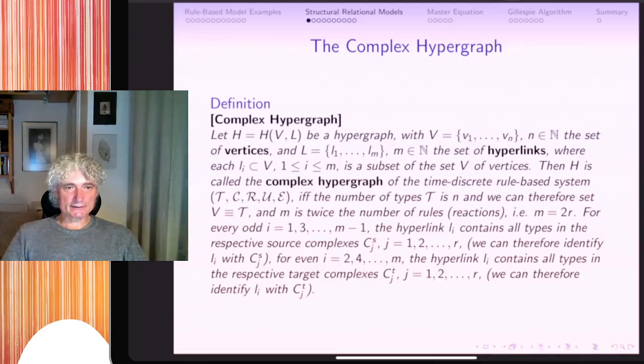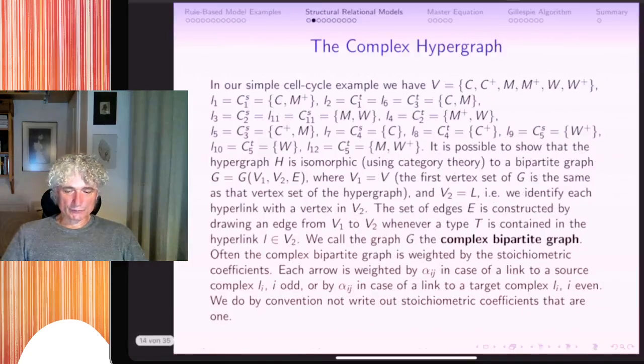So it's indeed a way to illustrate who is taking part in events. So which types are taking part in events and building up which complexes.